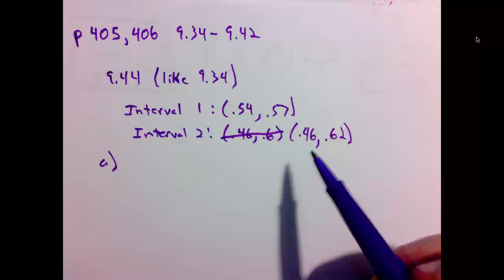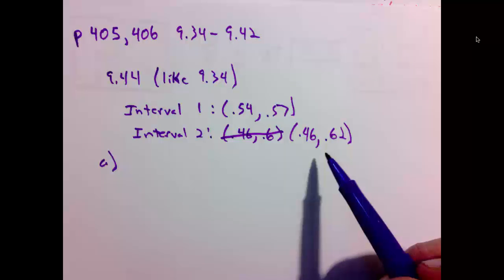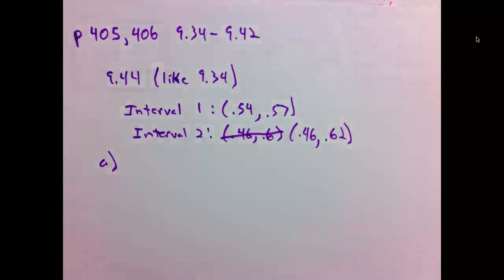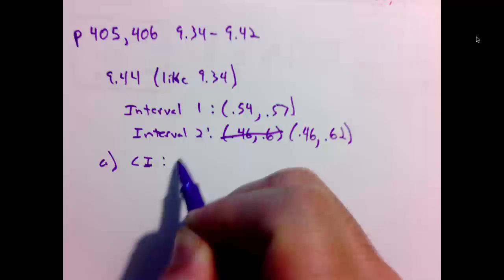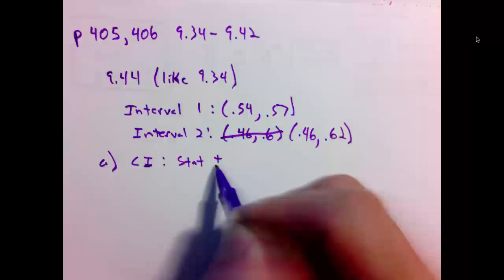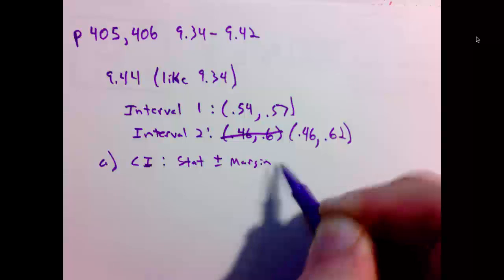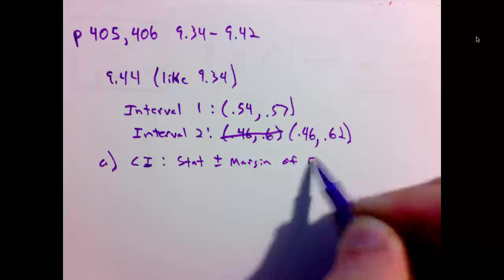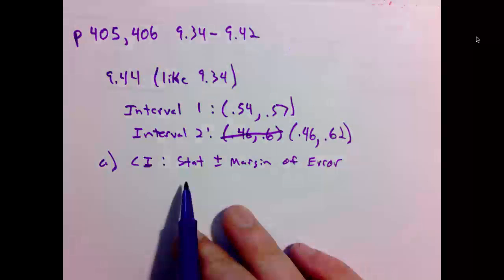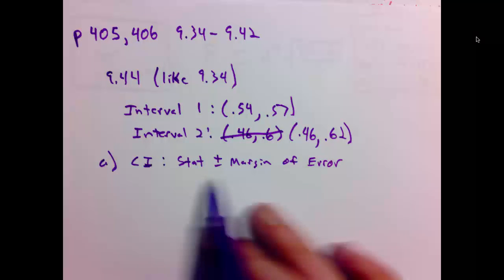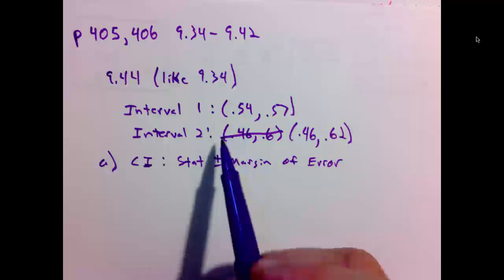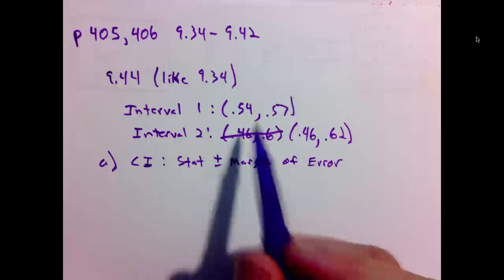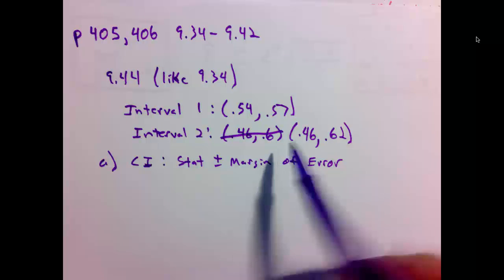Well, the reason these two intervals are not centered at the same place is they're based on a different statistic. Remember, our confidence interval is our statistic plus or minus some margin of error. Thus, it's centered at the statistic. We're going to go up and down some amount. So these two intervals are centered at different spots because they're based on different samples. Thus, they have different statistics.